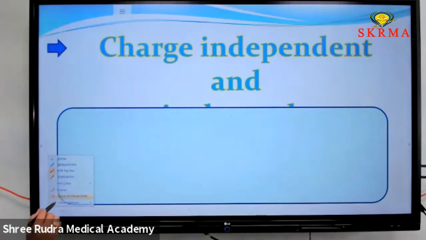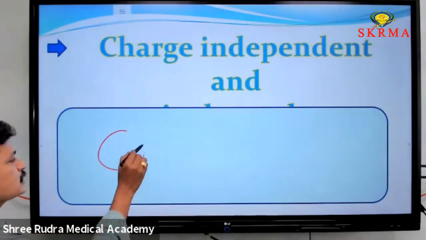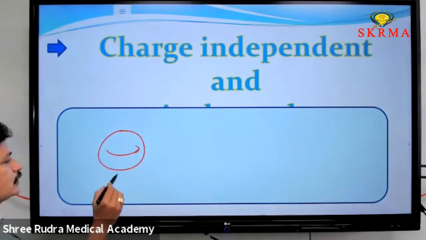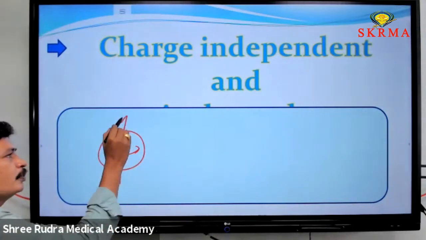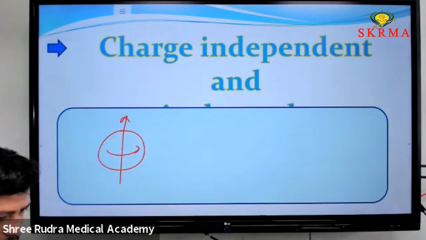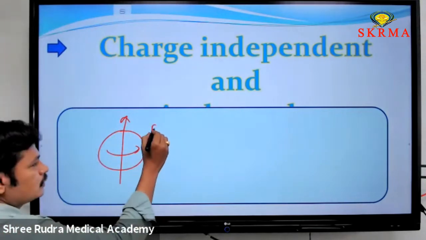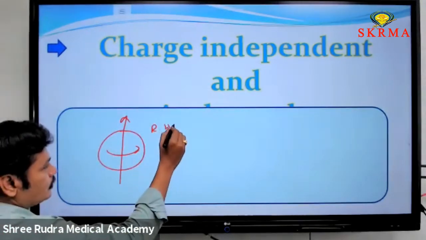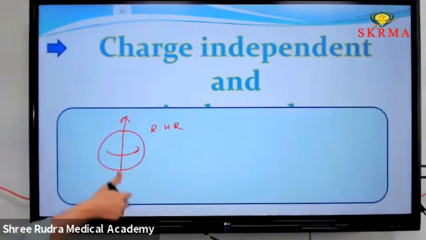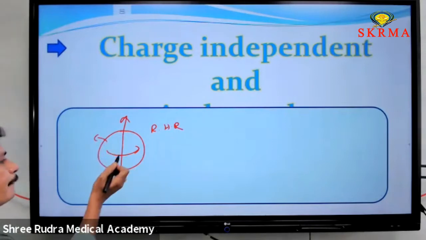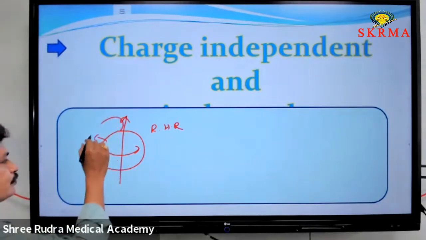What is the meaning of spin dependence? Whenever the nucleus rotates, there is a spin angular momentum according to the right hand rule. If they are moving like this, the momentum is upward. That's why there exist some magnetic forces also.